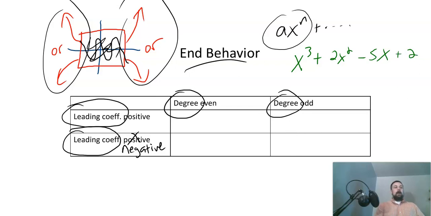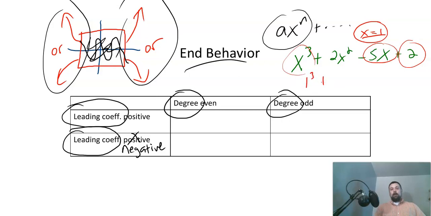All right. Now when x is equal to 1, each of these terms really has equal weight. It doesn't matter that I'm raising this to the third power, because that number is so small that even after I raise it to the third power, it's still a small number. So this term contributes just as much as this term does, or this one. When I plug in 1, I get 1 to the third power plus 2 times 1 squared minus 5 times 1 plus 2.